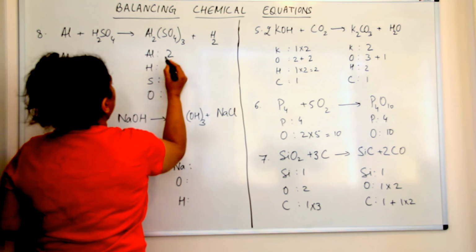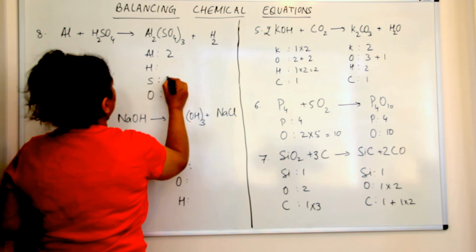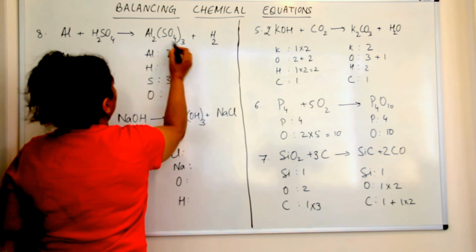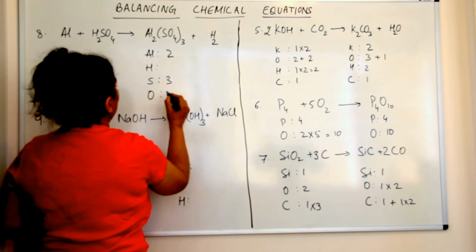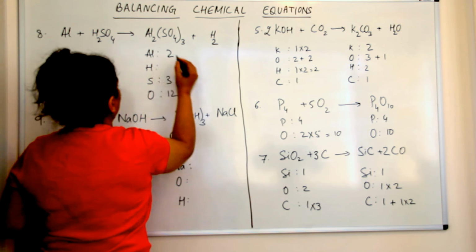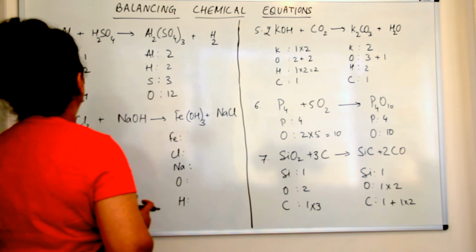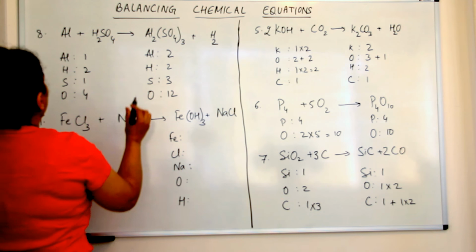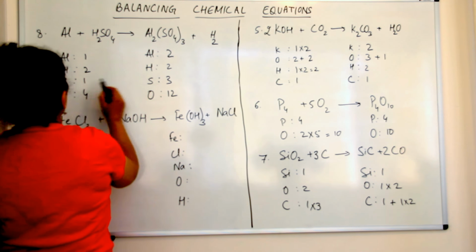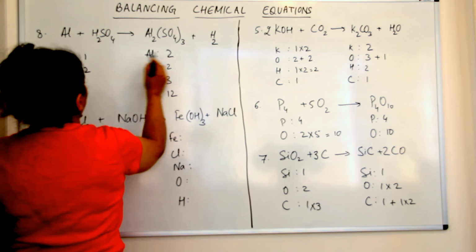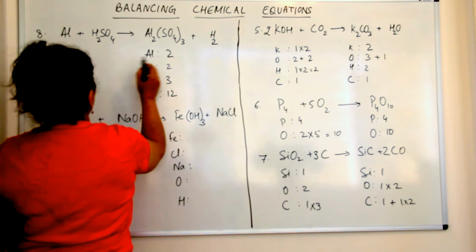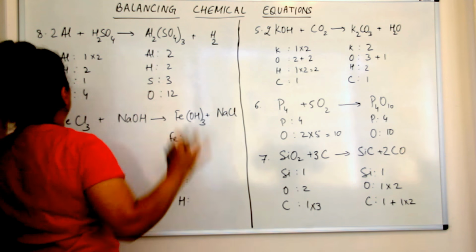So sulfur would be 3. Oxygen would be 3 4s are 12 oxygens, and hydrogen are 2. Alright? So now aluminum is 1 and 2. This 2 can be multiplied here. Okay? So the aluminum is balanced for the time being.